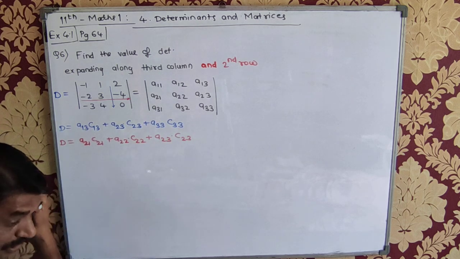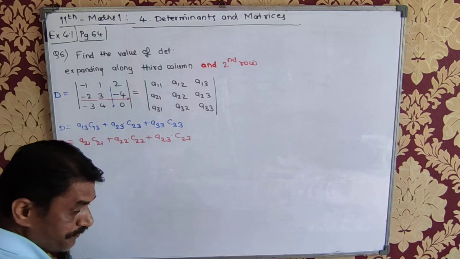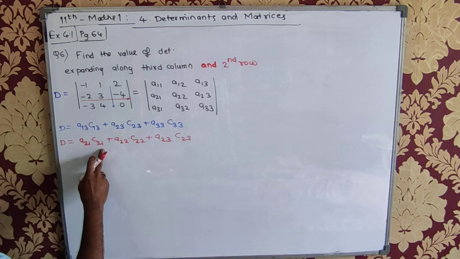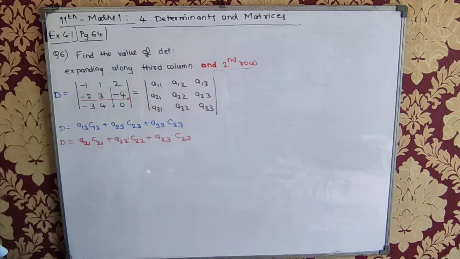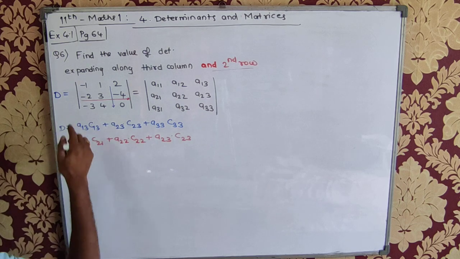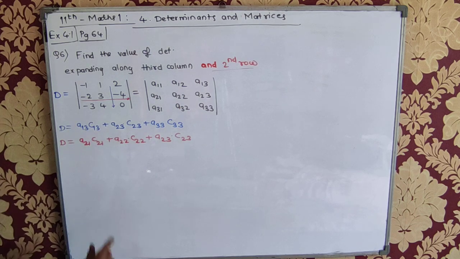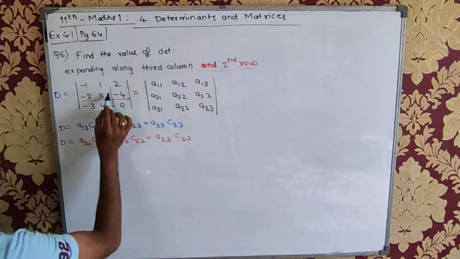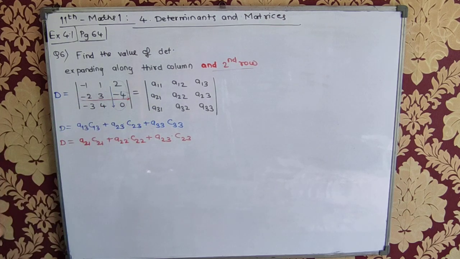In fact, this is what we have proved in the last question. बराबर है क्या? So I have added it over here, and you will see that the value of determinant is same. So हम ये blue वाला और red वाला दोनों करेंगे solve. That means these are cofactors I have to find out. Cofactors of this column and cofactors of this row. We have to find. That means we have to find out the minors of those.